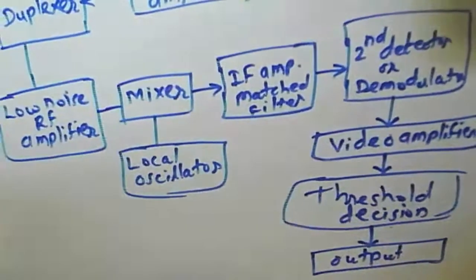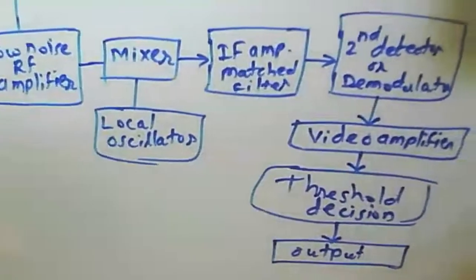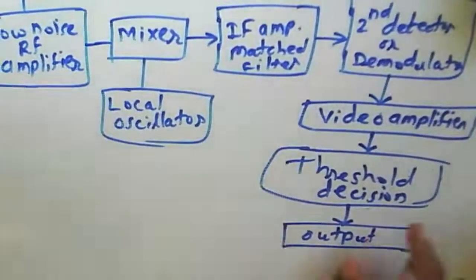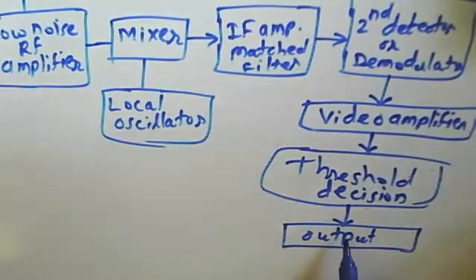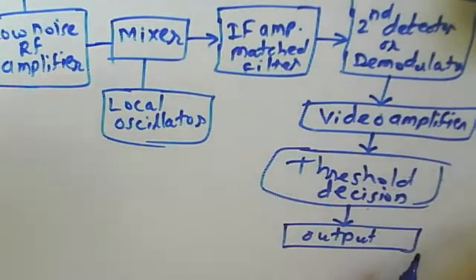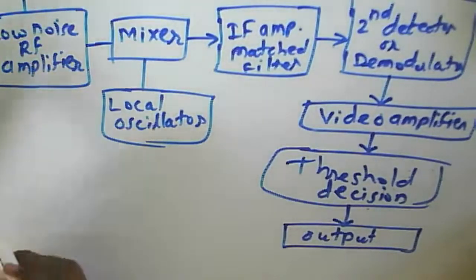Okay, so now this one is about your block diagram. I hope that you people are able to see here. This is about your output here. So now we consider a transmitter block and a receiver block. This is the receiver block.